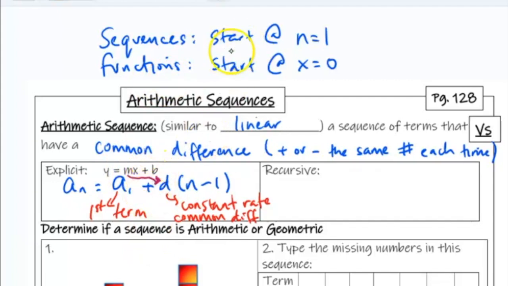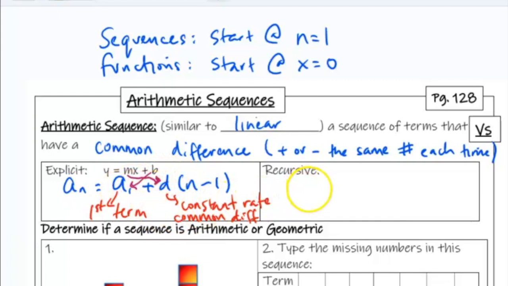And where do you start from in your sequences? Where n is equal to 1, so you start at your first term. That is the equivalent of your b. Then n minus 1 in parentheses is going to be your x. The only difference between linear functions and arithmetic sequences is that instead of writing y equals mx plus b, they write the b plus mx. I'll show you that in an example a little bit later on.